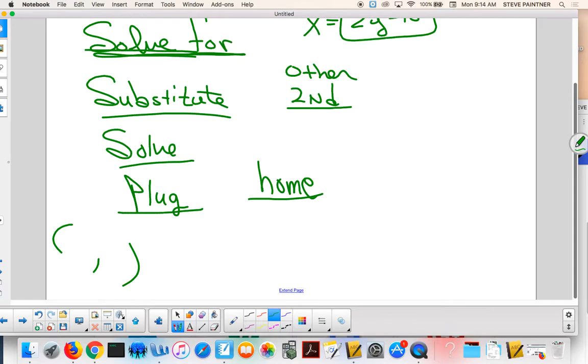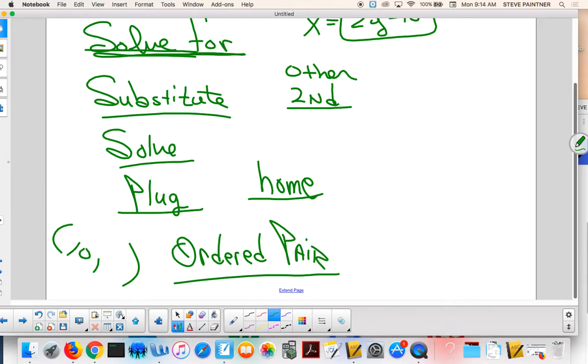X, Y. As an ordered pair, right. Like 10, comma, 3, like that. Write your answer as an ordered pair, and what do you do once you're done? Check it. There you go. Check.